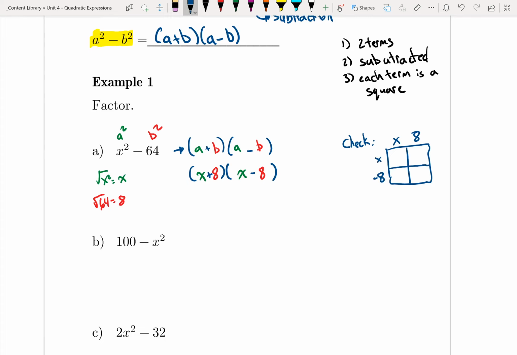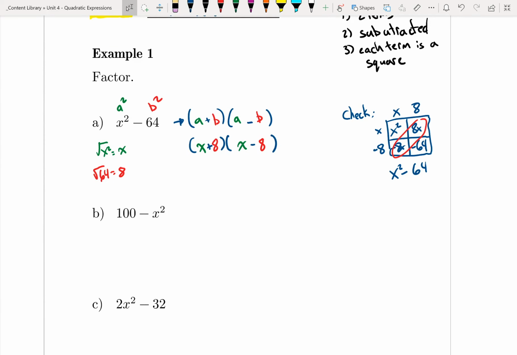This was just multiplying, so x squared, 8x, minus 8x, and negative 64. When we add up our two diagonal ones, we should see that they cancel out, and we're left with x squared minus 64. So that's one way to check and see that this does work.